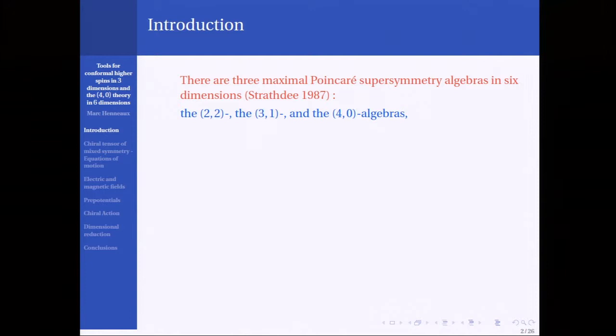We know that in 6 dimensions there are 2 inequivalent spinor representations, and this tells you the way the supercharges transform. Of course, you have also the (1,3) and the (0,4), but they are clearly isomorphic.